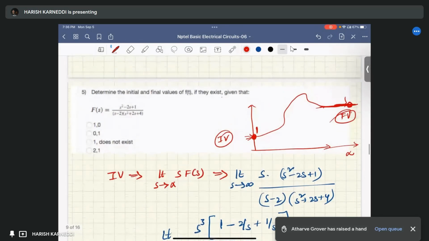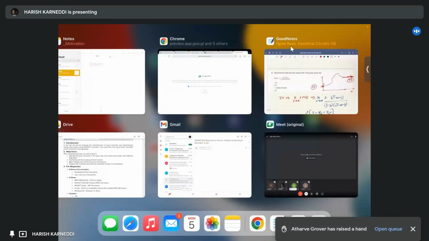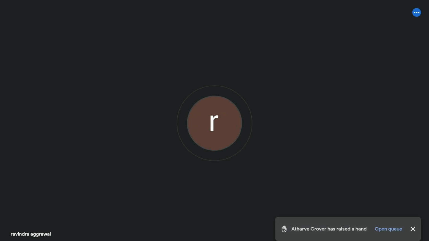It means this system does not reach any steady state. This we can show some other way, like, just a minute. I'm sharing from, yes, yes.